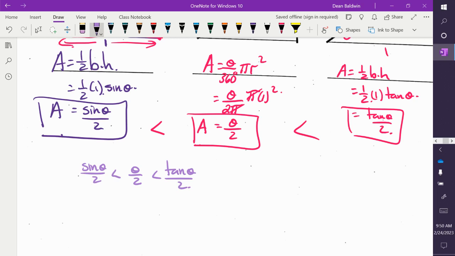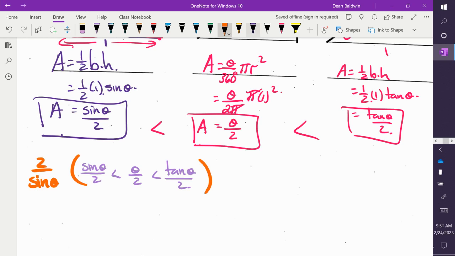We're going to multiply through by two over sine theta. Everything gets multiplied by 2 over sine theta. What happens to the first term? You're left with 1.